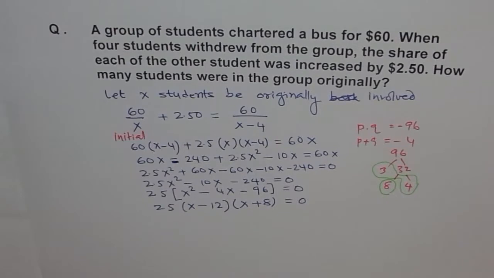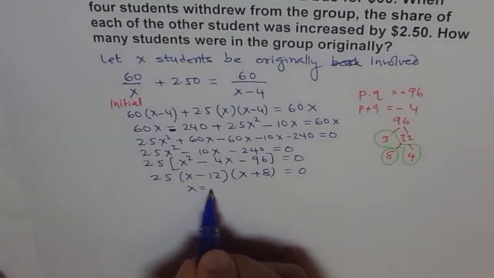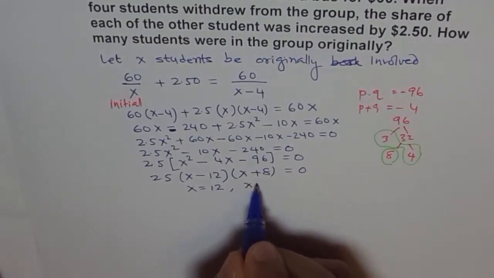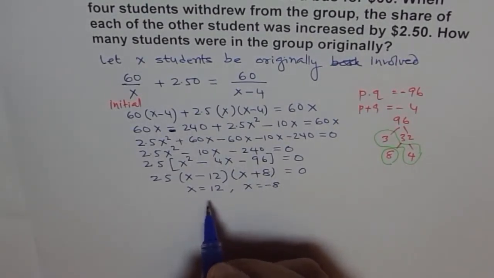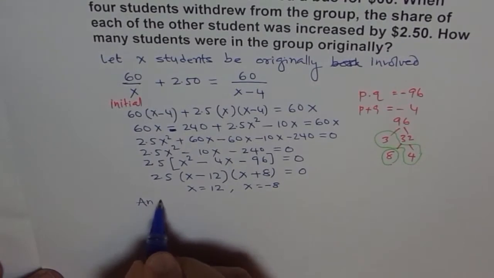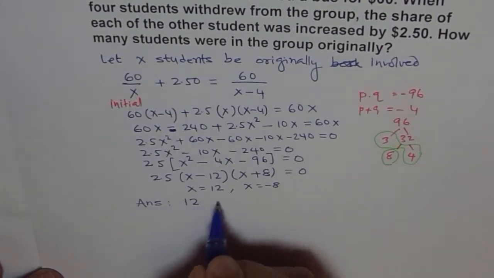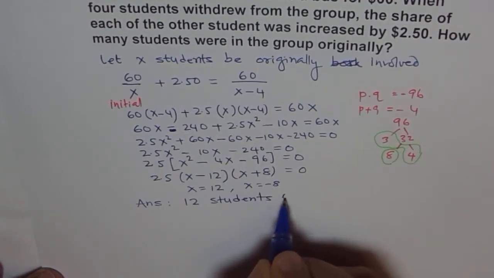The x could be either 12 or minus 8. So x equals 12 or x equals minus 8. Well, that is not valid. 12 is okay. So originally, how many people were there? There were 12 students originally. So the answer is 12 students originally.